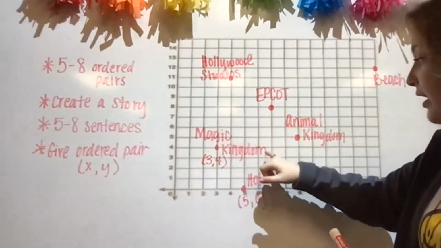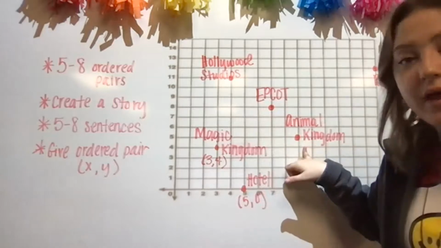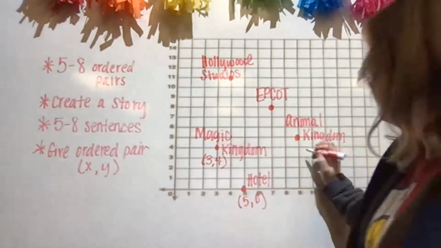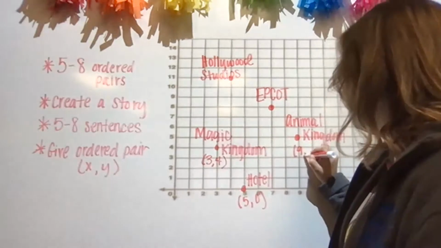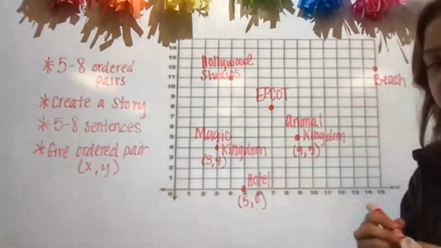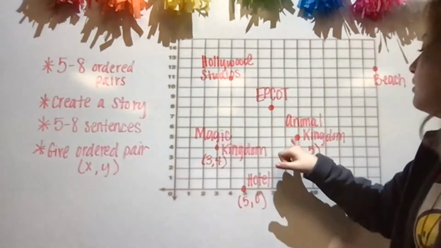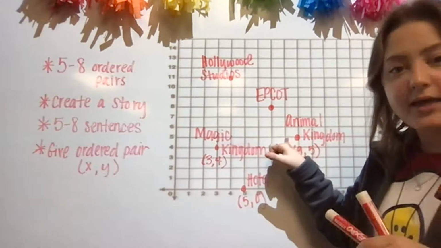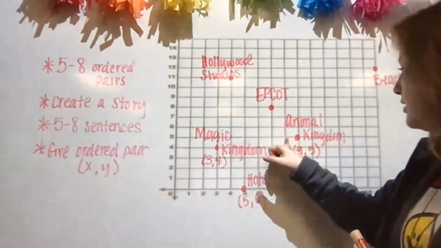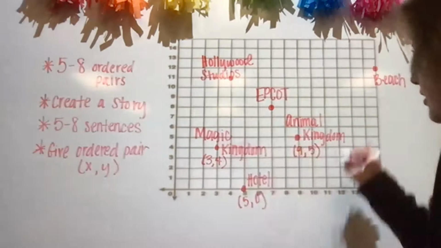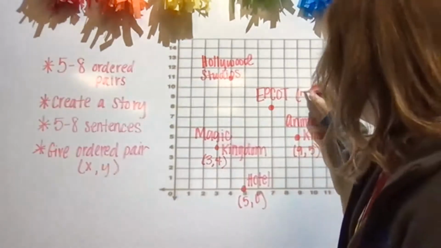The next day, we started off at Animal Kingdom at 9:05. Okay. However, we did not spend a whole day at Animal Kingdom. We spent the rest of the day at Epcot at 7:08.